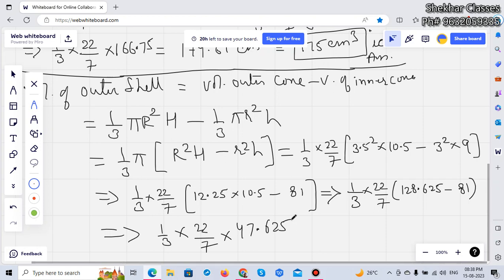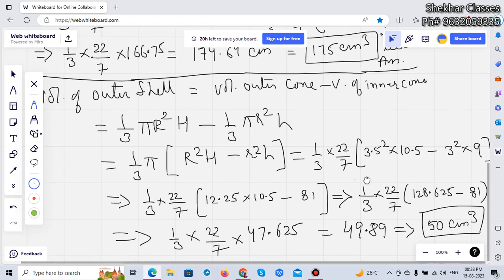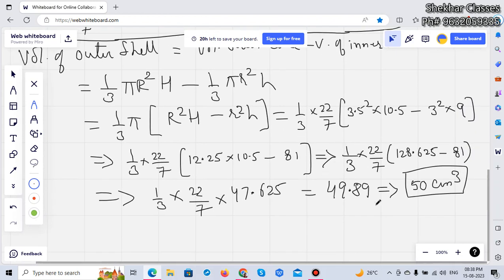Now you calculate this. If you have to multiply with 22 and then finally divide by 21, we get 49.89. So approximately that will be equal to 50 centimeter cube. This is the answer for that particular hard shell, that is outer shell, right?